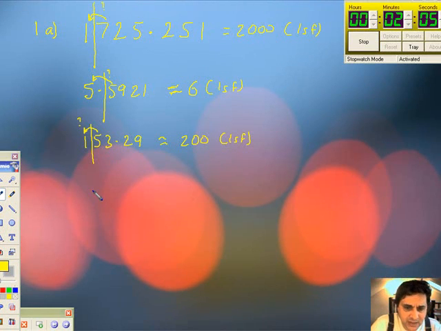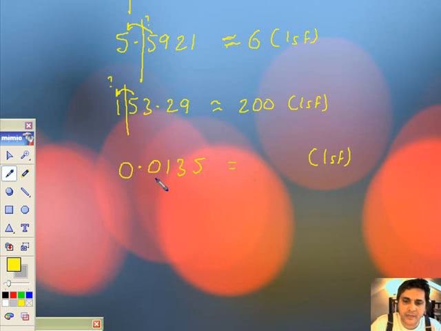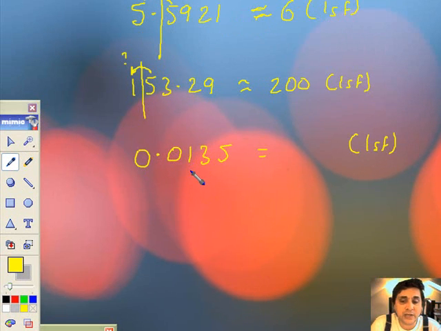I want to do the last question in question 1 because I want to highlight one particular issue here. 0.0135. Now, what's that to one significant figure? Now, this first 0 after the decimal place is not significant. You start looking at this figure here as being your first potential figure, and what the 3 would do to the 2.